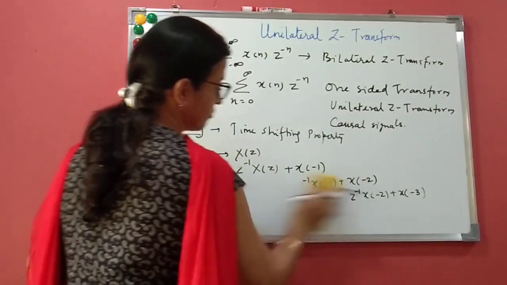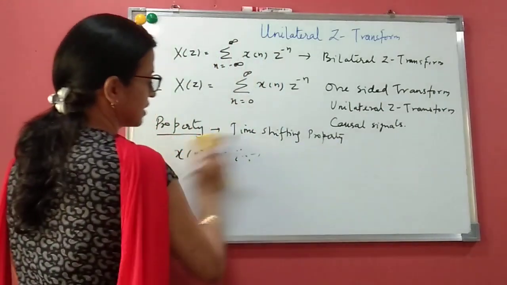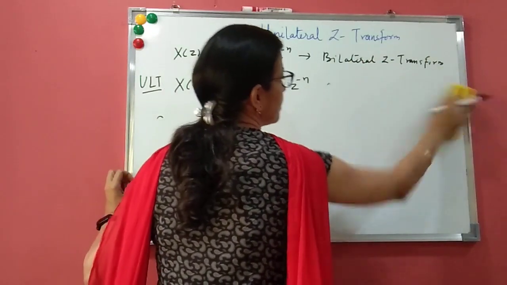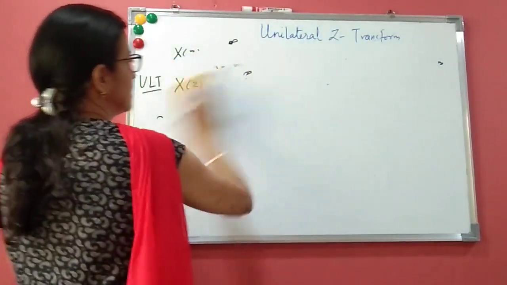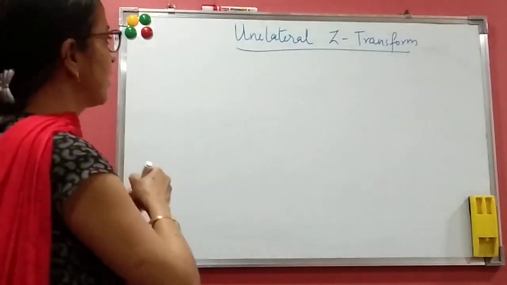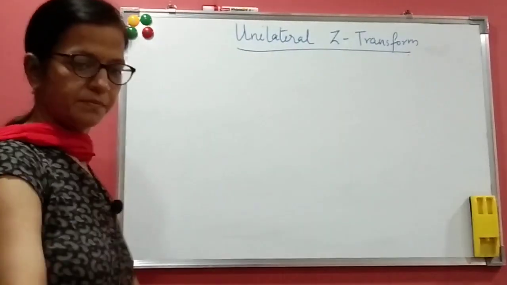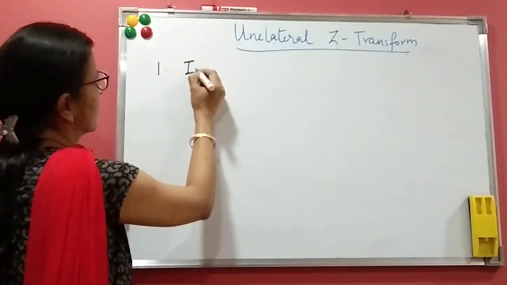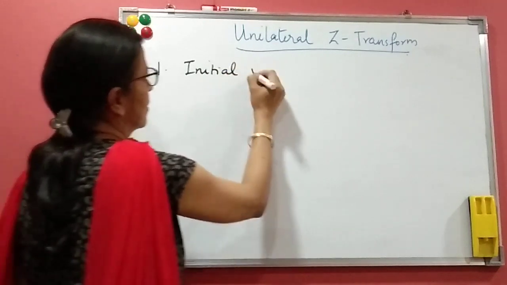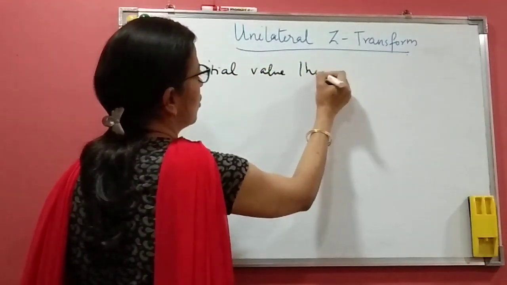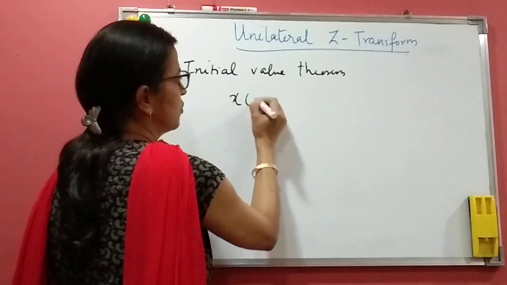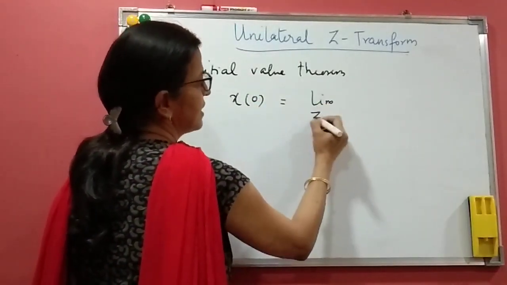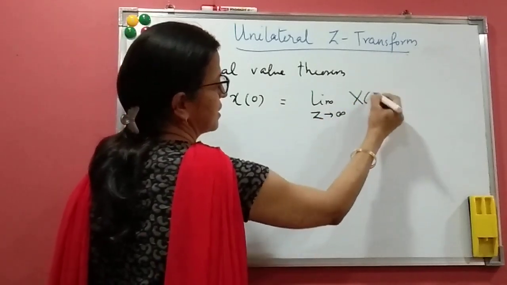The next properties which are extra in the unilateral Z transform are the initial value theorem and final value theorem. So let us see that. The initial value theorem states that the initial value of the signal, that is x of 0, equals limit z tends to infinity x of z.